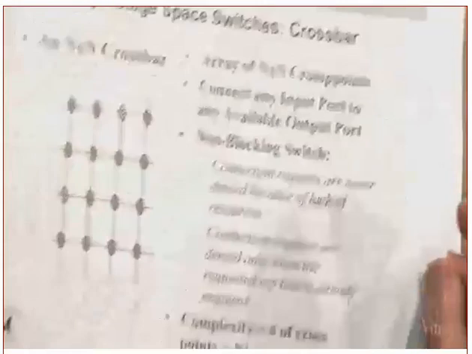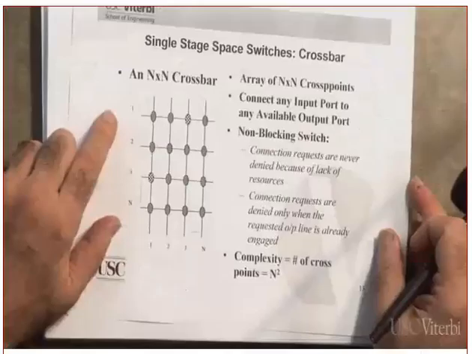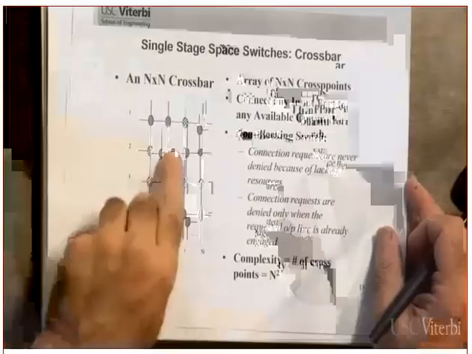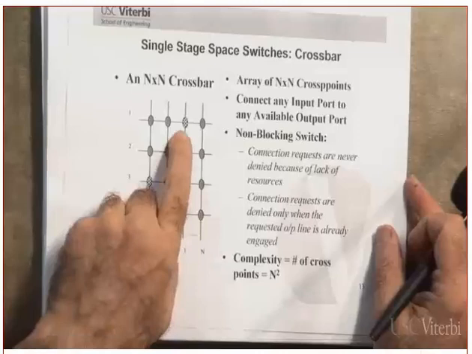We are not switching in time in here. Okay, so what do we have in here? N inputs and K outputs, where K is the number of outgoing links from this space switch.